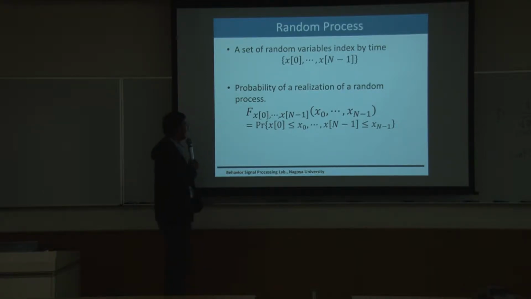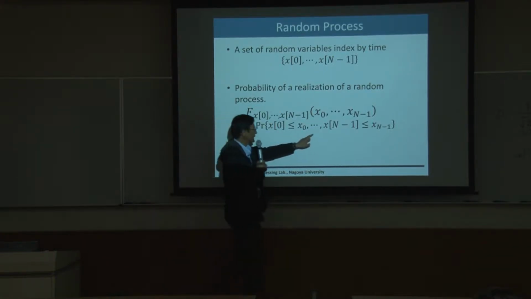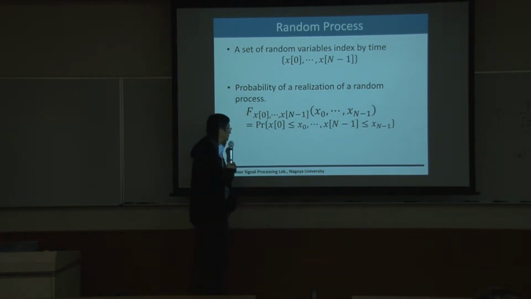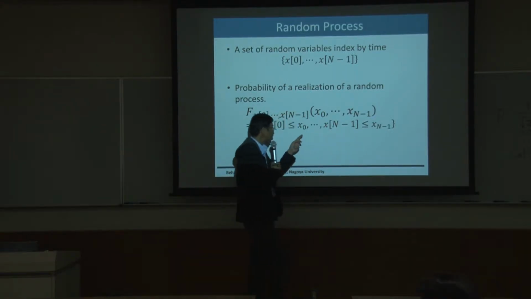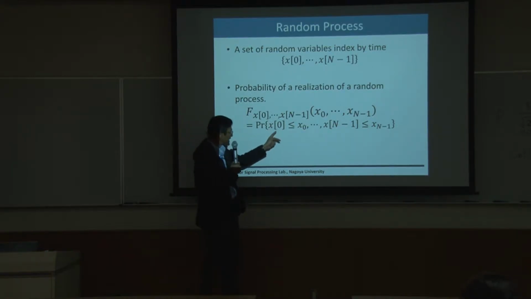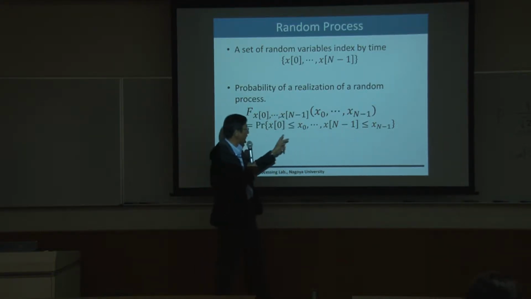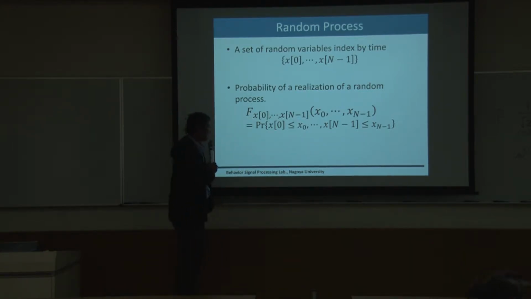Like I said in the previous lecture, this is the fundamental idea: indexed sequential data, a set of indexed sequential data, where each individual indexed variable has its own distribution, and the joint distribution of those large N stochastic variables gives you the probability of the random process.